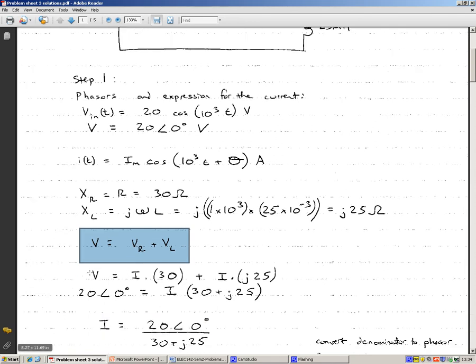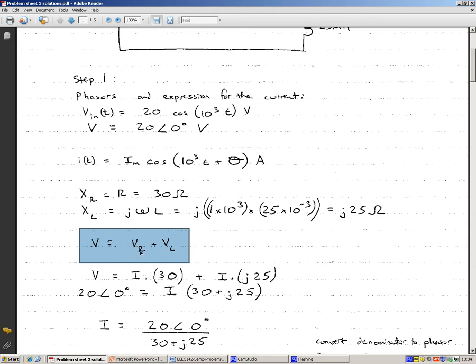So what have we done here? We've written it out. We know that V is equal to IR, or more correctly, in complex form, it's equal to the current times the reactance, or the complex impedance.